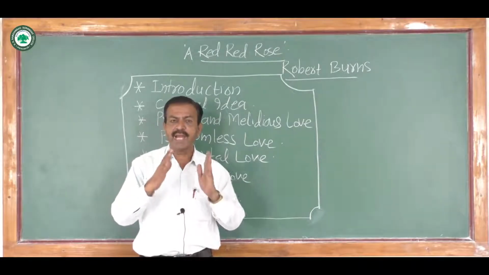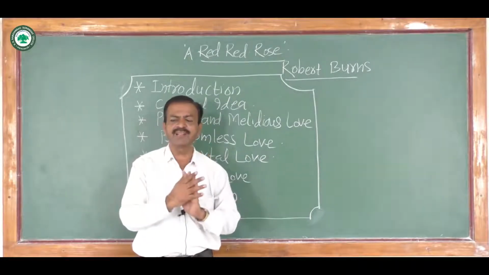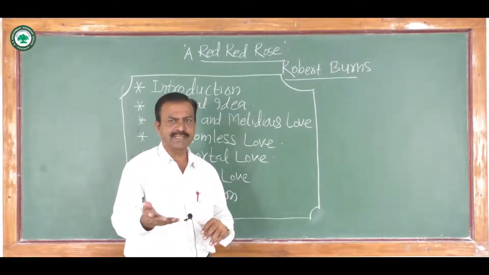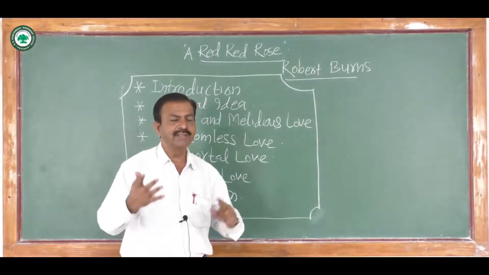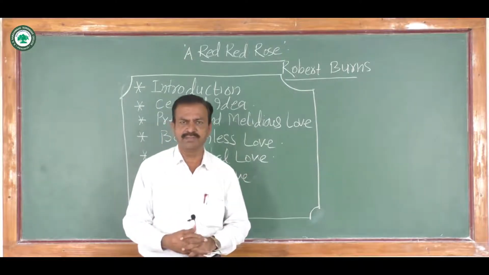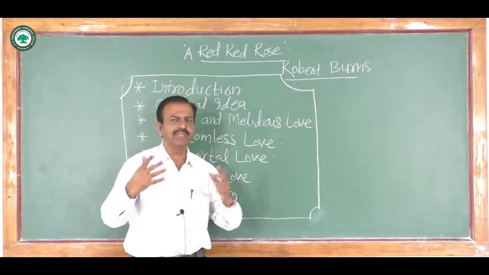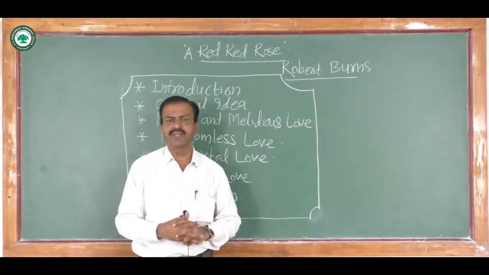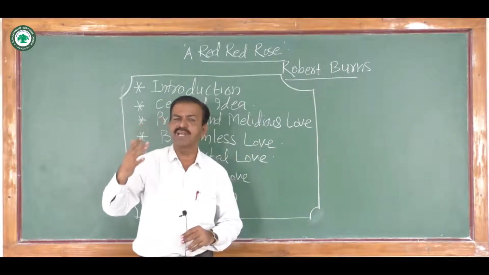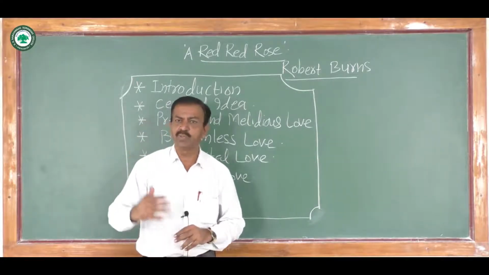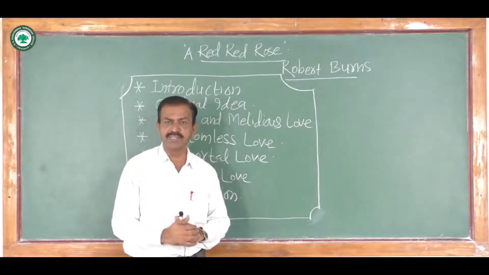He says, as fair art thou, my bonny lass. Here bonny lass means the attractive girl. So, as fair art thou. That means he is going to say that you are so attractive, you are so pretty, you are so beautiful.